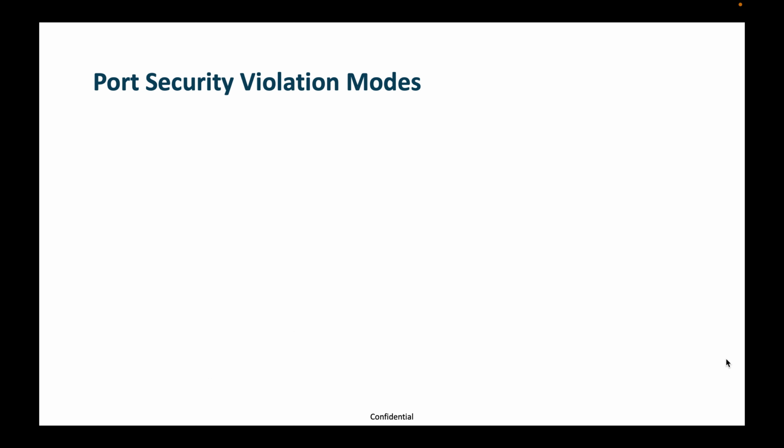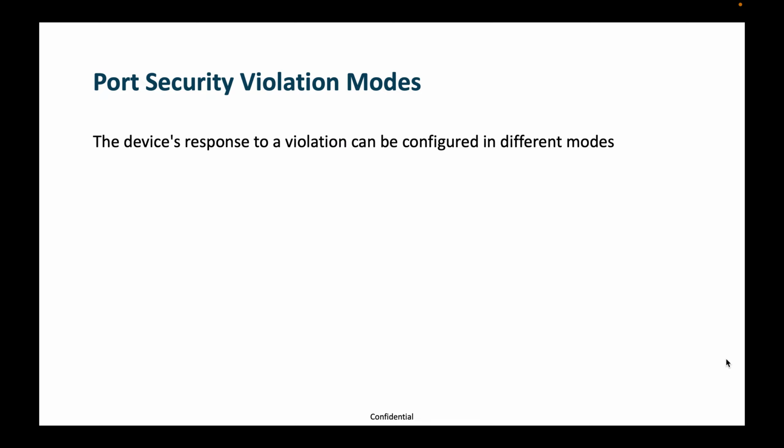Now let's discuss what happens when an unauthorized device accesses the port. So this is where the port security violation modes come into the picture. The devices responsible for a violation can be configured in three different modes, or I would say four different modes. First one is protect.